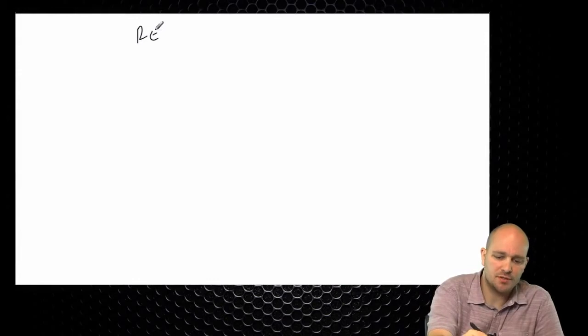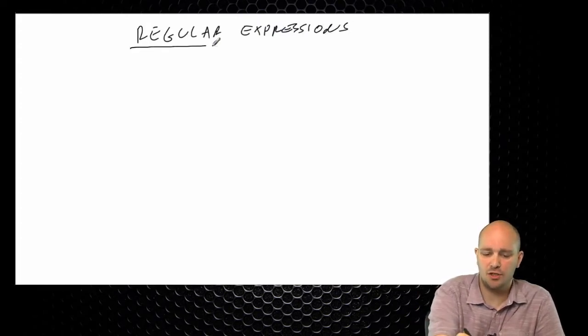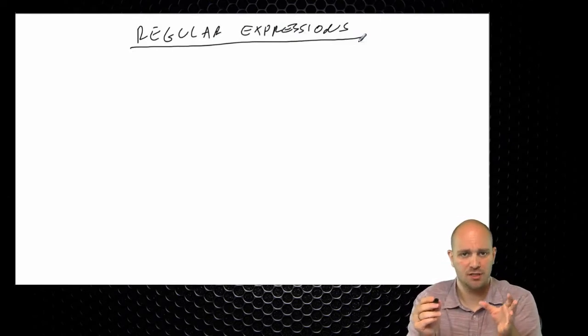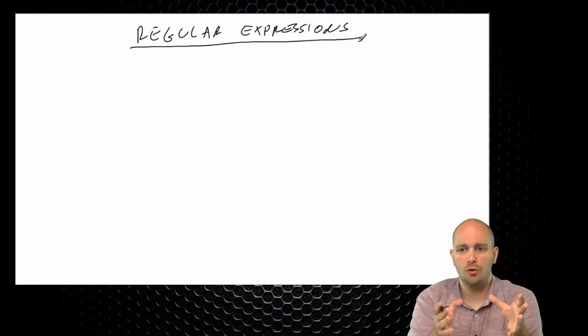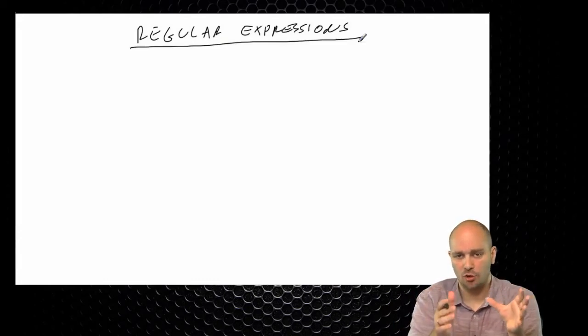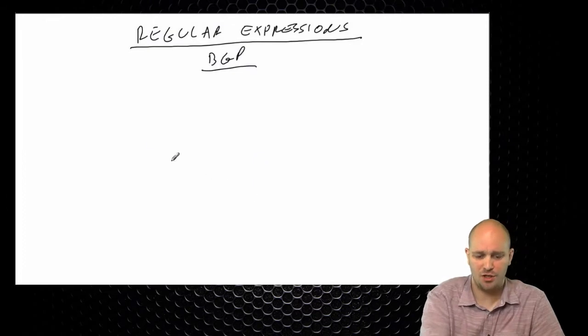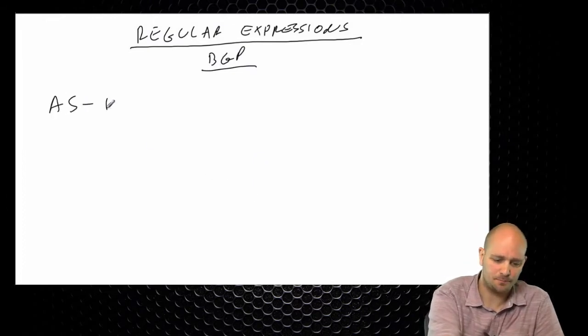Many network engineers struggle with regular expressions. Now, regular expressions are a very, very powerful tool that can be used to match for patterns in a known or, let's say, unknown text. When used in the context of BGP, regular expressions are used to match against the AS path.